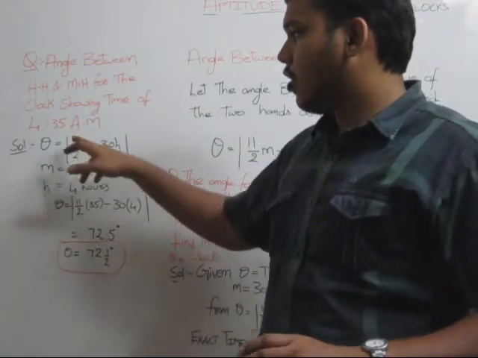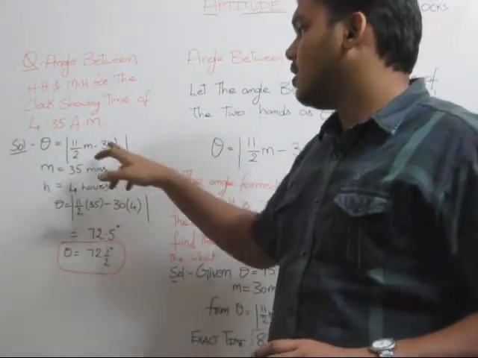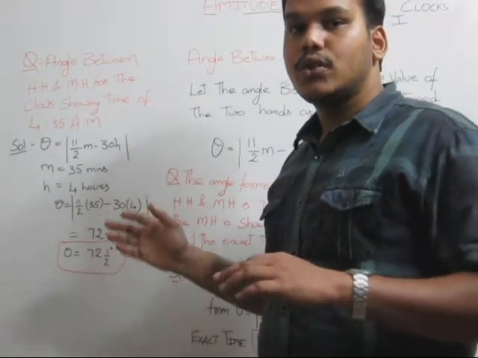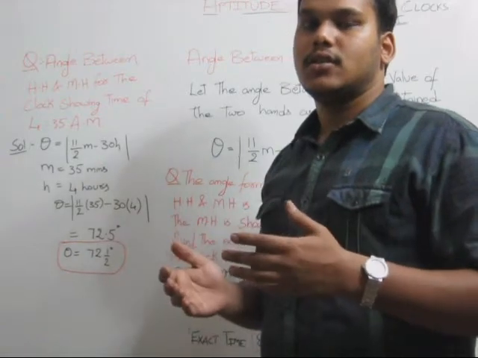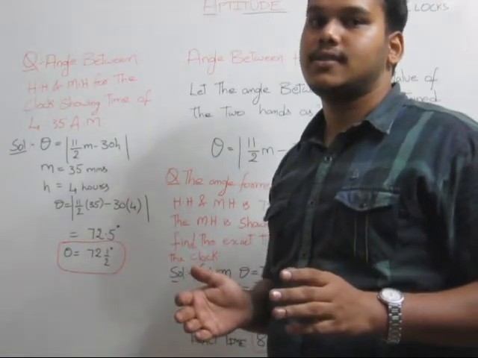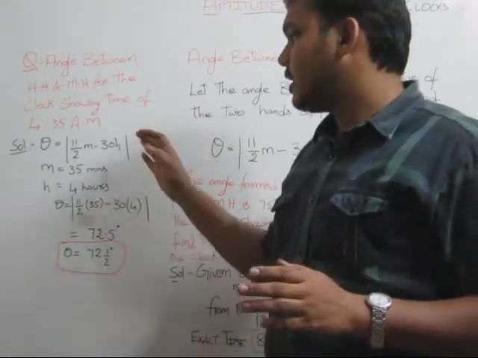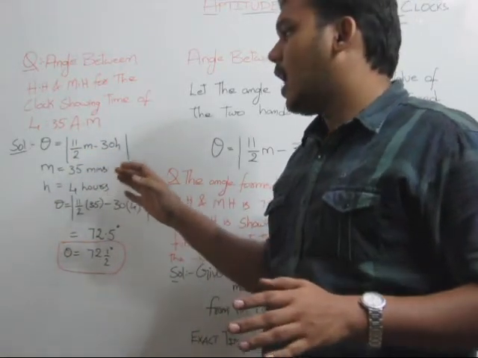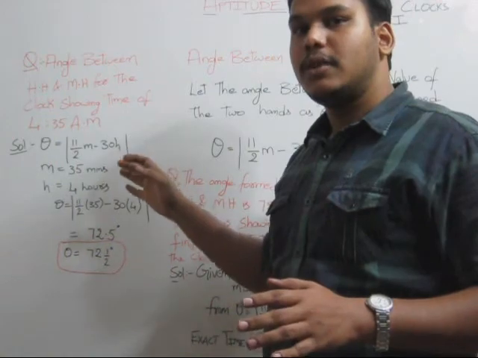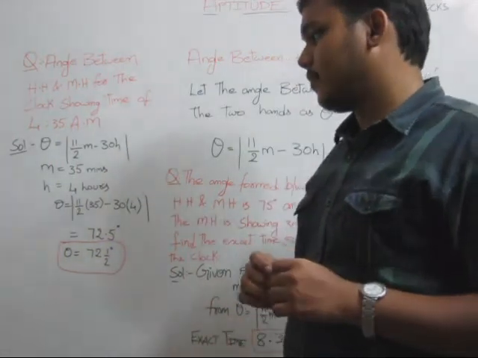The main purpose of placing this modulus is that without it you can get a negative answer. As in a clock there is no question of negative answers, you place a modulus so that you can neglect the negative sign and the answer is taken as positive.